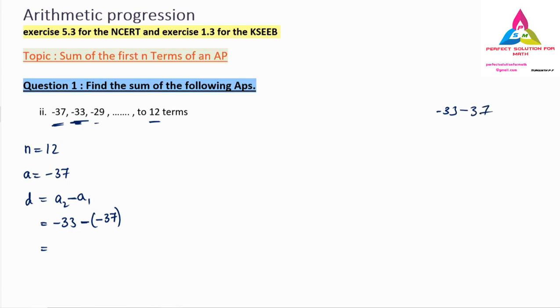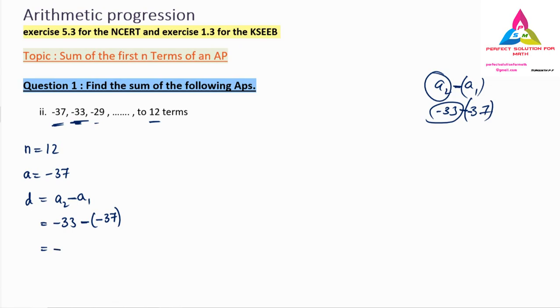If you write it this way, it is totally wrong and you are going to get a wrong answer. See here, d is a2 minus a1. The a2 value is minus 33, correct, but the negative symbol of a1, the minus sign, we have to put first, then the a value that has the negative symbol. So we have to write it down correctly.